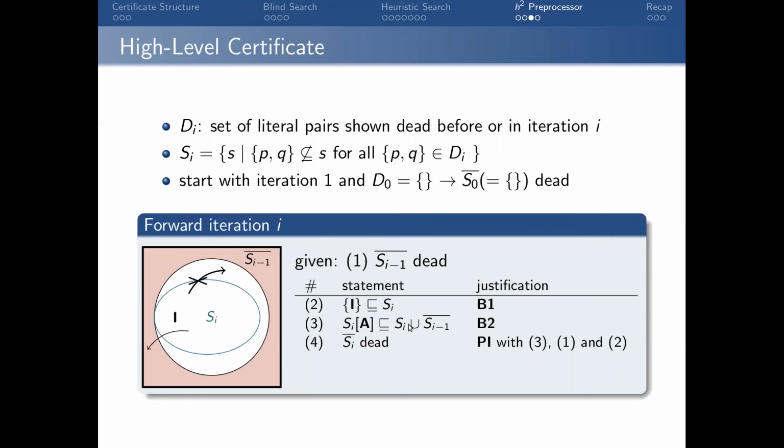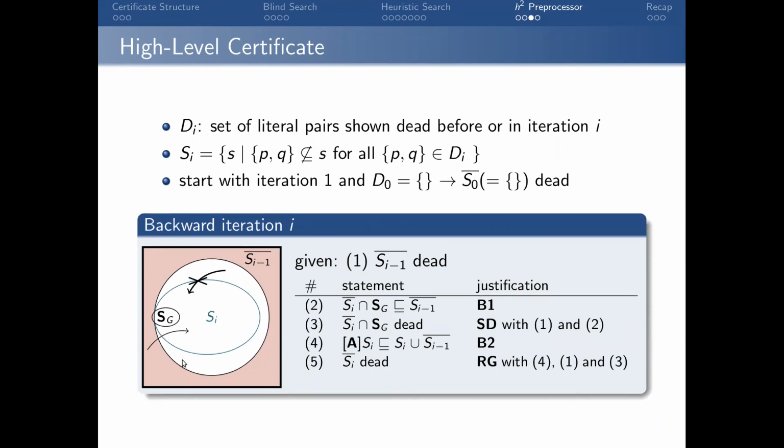So it goes to Si unified with the negation of Si-1. It's basically this here. It cannot happen that it goes to this place here that's not in Si anymore, but that was in Si-1. And from that, we can actually conclude directly with rule PI, progression initial state, that the negation of Si must be dead. So all this part here that is not part of Si is dead.